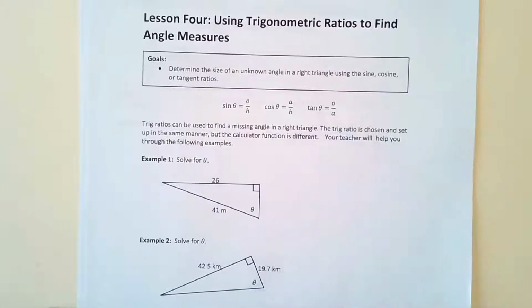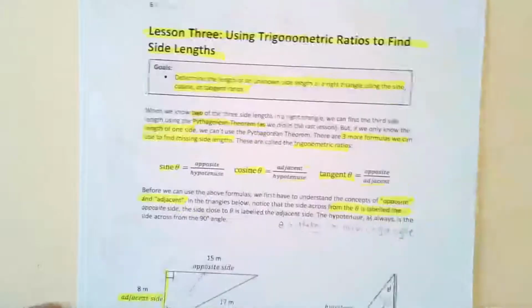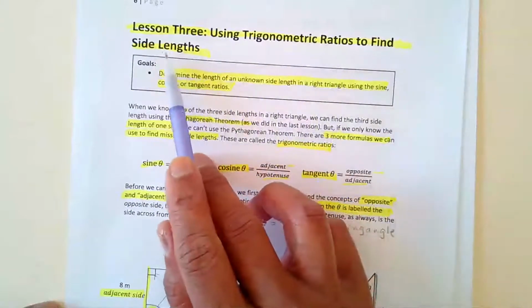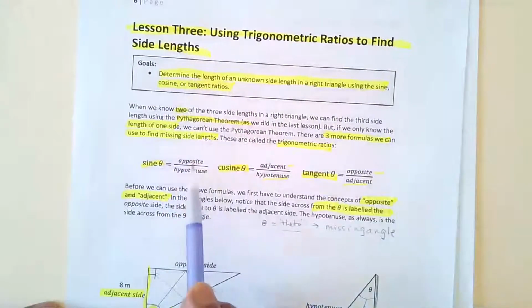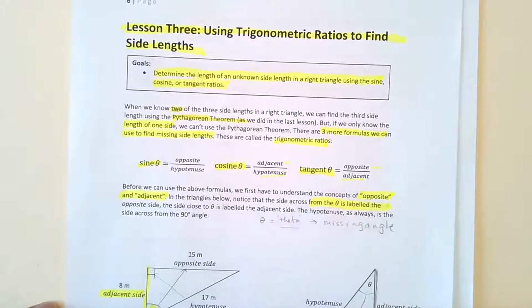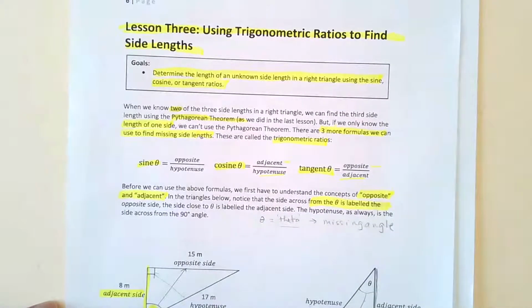In the previous lesson, lesson 3, we used the trig ratios to find the side lengths. We used either the sine, cosine, or tangent ratios to find the missing side length. But in this case, we had to know two of the sides.